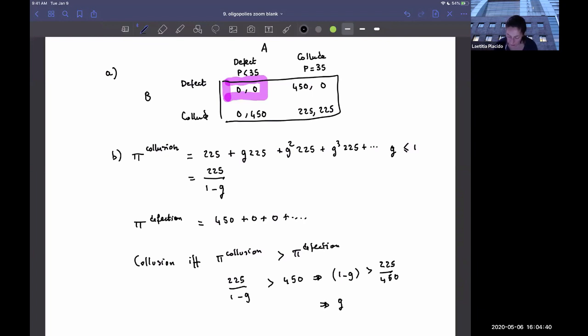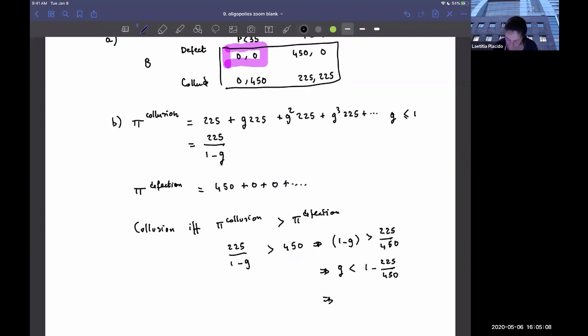So this is G, I'm sorry. This is G smaller than 1 minus 225 over 450. Okay, I have a sign issue here.